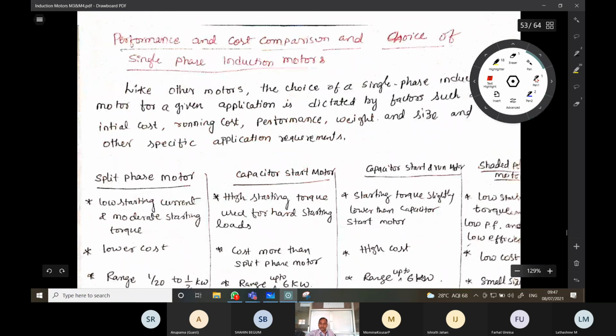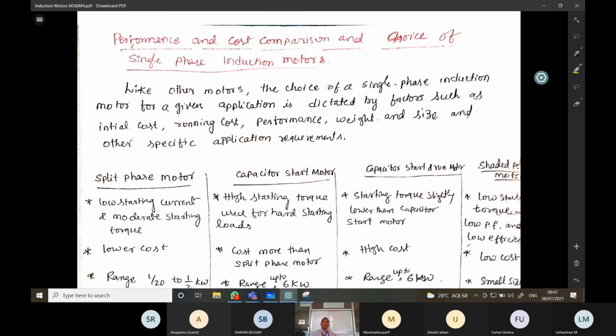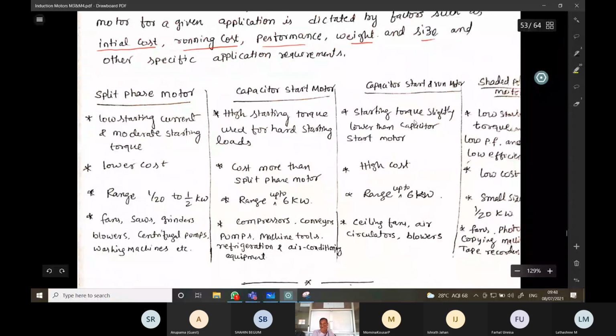Coming to the performance and cost comparison, like other motors, the choice of single phase induction motor for a given application is dictated by factors such as initial cost, running cost, performance, weight and size of the motor, and other specific application requirements. According to this, we are comparing the different types of motors here.